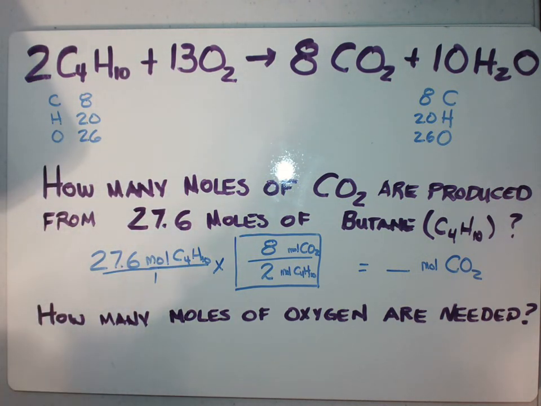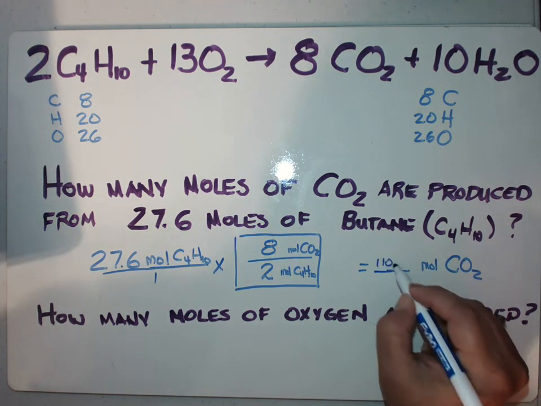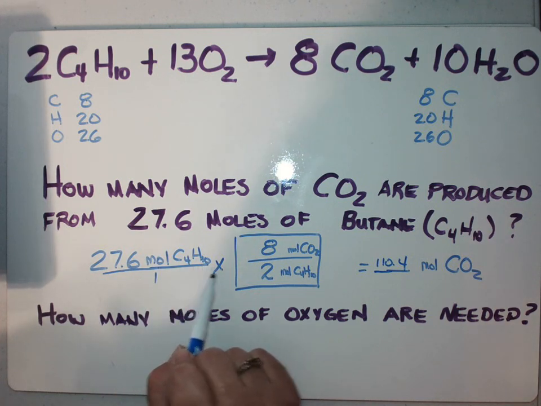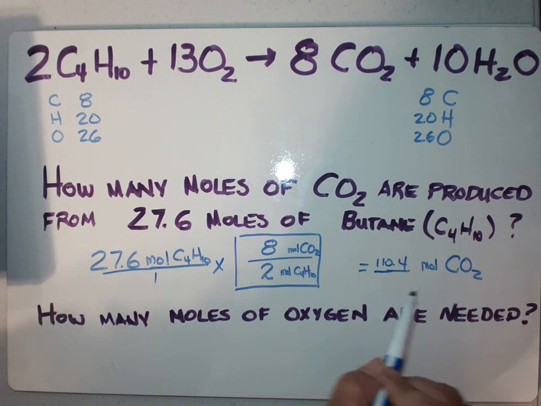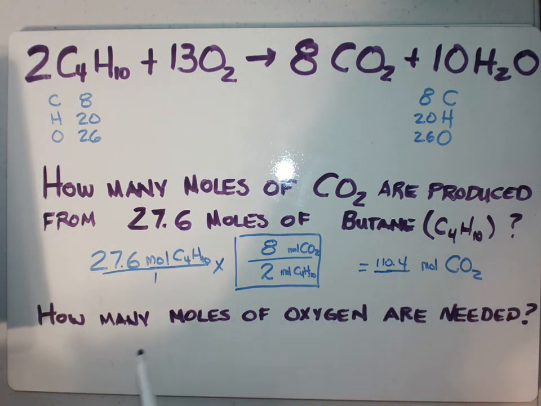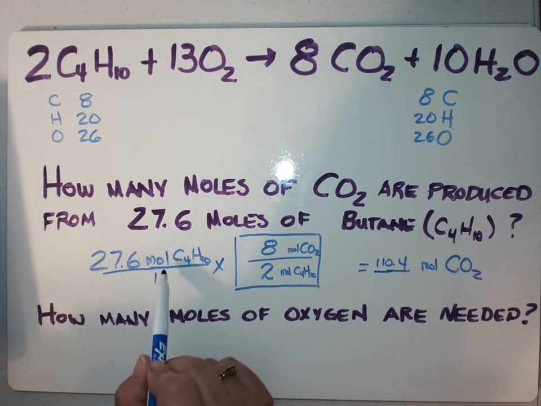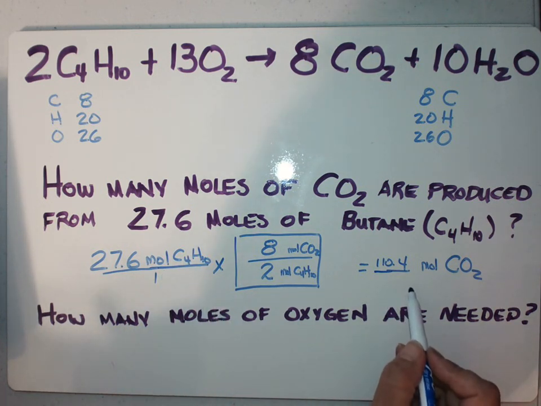So if I start off with 27.6 moles of butane, I will produce 110.4 moles of CO2, carbon dioxide. So if I have all this, the next question would be how many moles of oxygen are needed then? It's assuming that you're going to use all 27.6 moles of butane, and we know that the end result is going to be 110.4 moles of carbon dioxide.